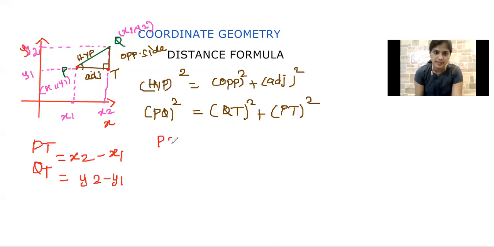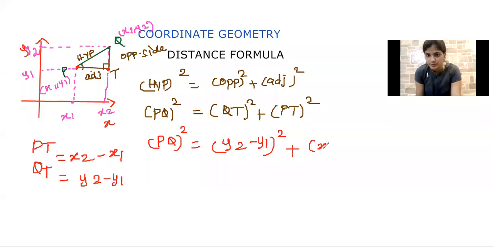So you have to write this as PQ square is equal to QT square. What is QT? That is y2 minus y1 the whole square. And you know the value of PT square, which is x2 minus x1 the whole square.